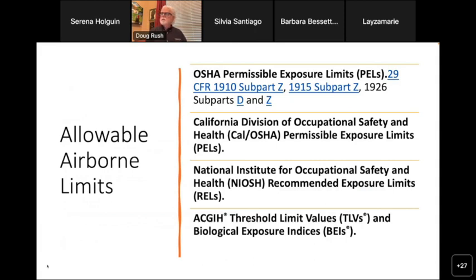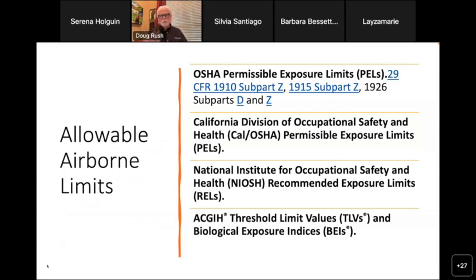There are many different types of exposure limits out there. Many of the plants I work with want to stick with the OSHA permissible exposure limits. Some of you out here want to stick with some of these other limits, ACGIH, NIOSH, etc. The limits are different. I know I'm talking to the choir again here.